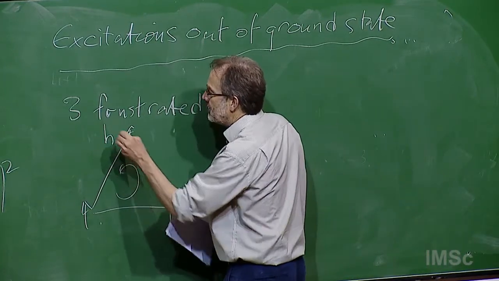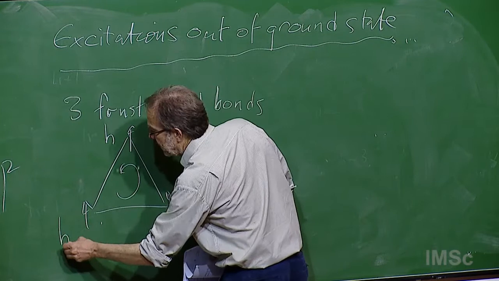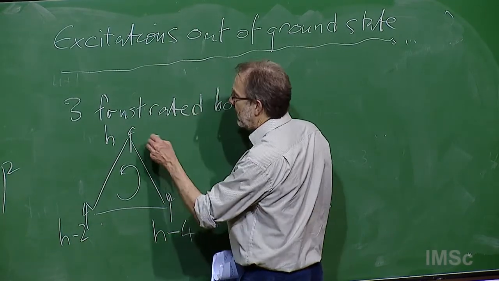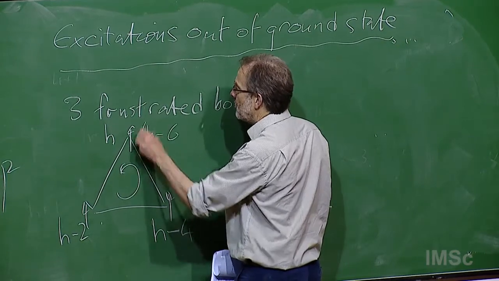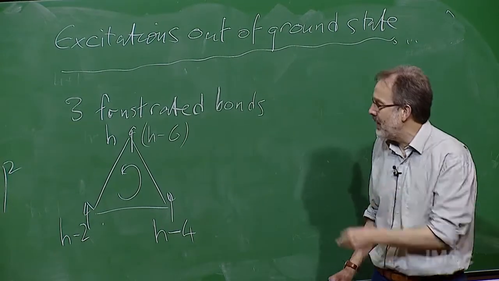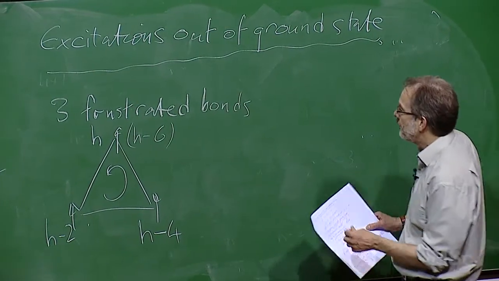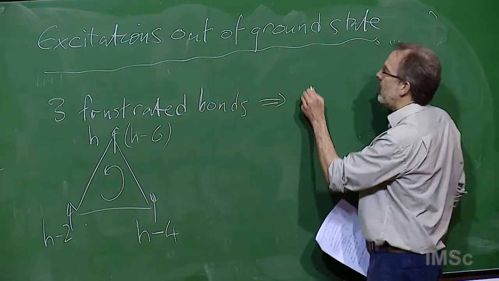So if the height is h there, then it should be h minus 2 there, h minus 4 there, and h minus 6 when we come back. So in other words, we end up with a kind of vortex in the height field.